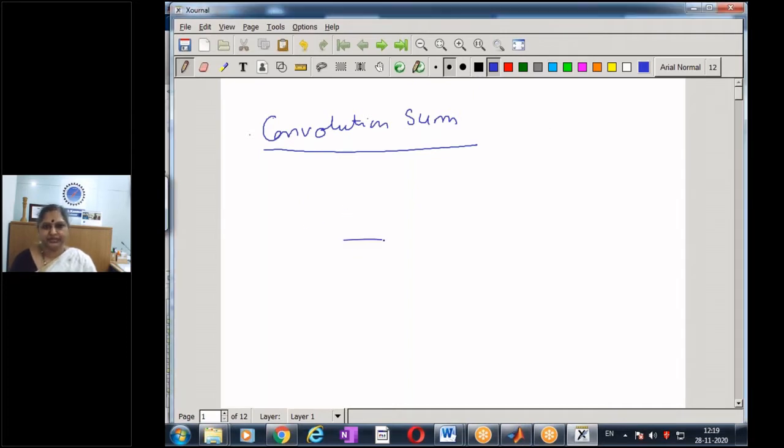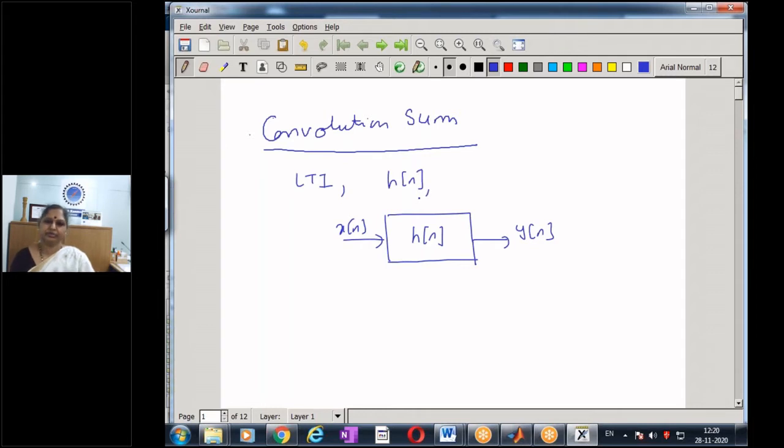So let's consider we have a system with input x[n], and we want to compute the output y[n], and the system is defined by its impulse response. So this is a linear time invariant system, an LTI system, and h[n], the system impulse response, is known and the input is also known.